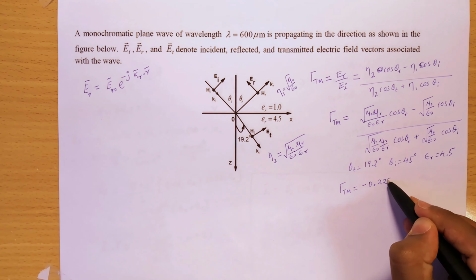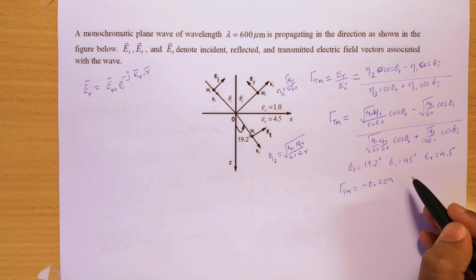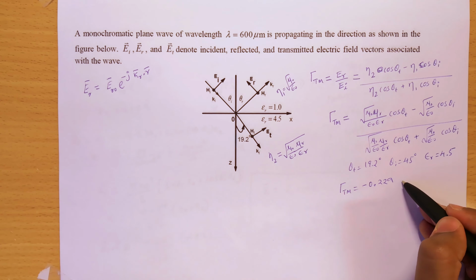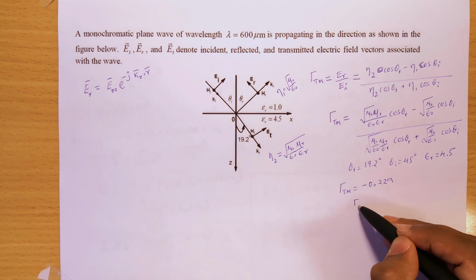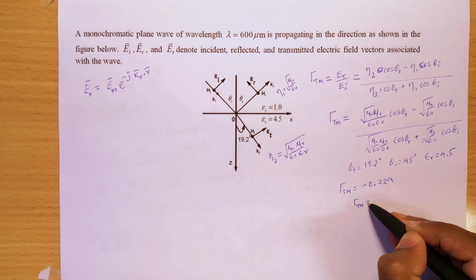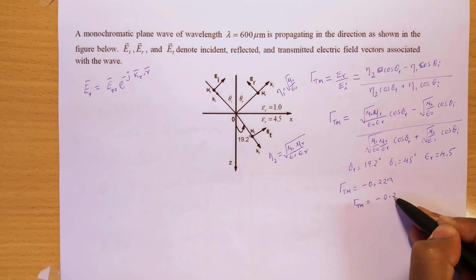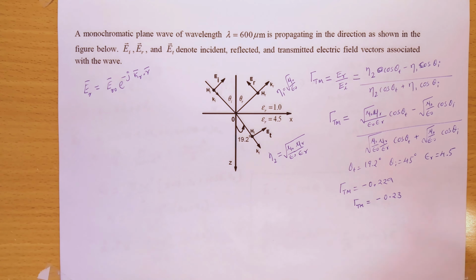It is 0.229, so from the options we can estimate it as 0.23. It is negative, so minus 0.23. So the reflected magnitude is minus 0.23.